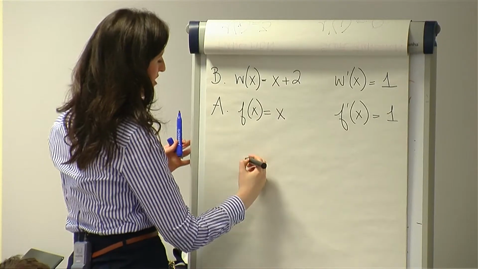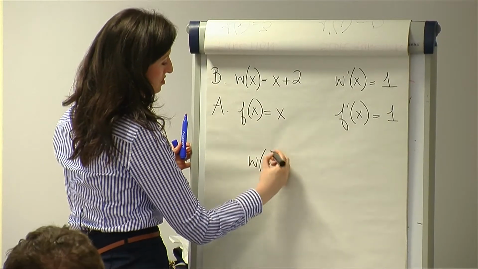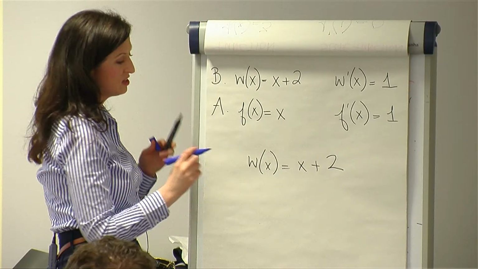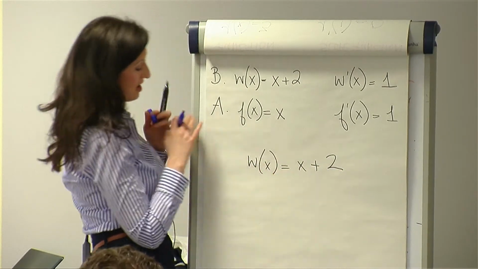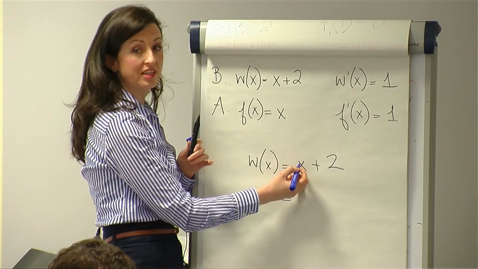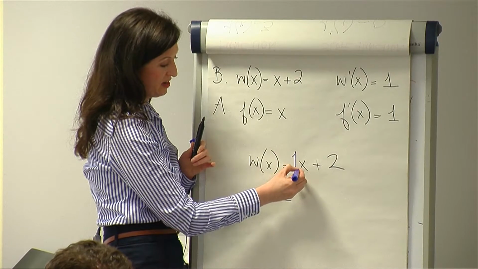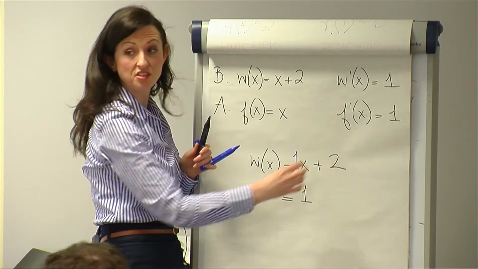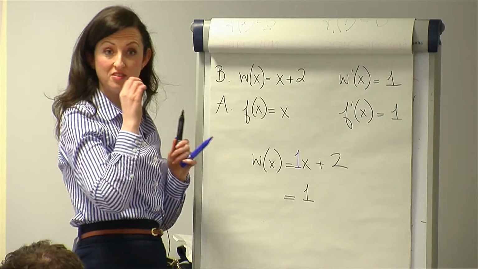Perfect. So you're looking at it from the point of view of w of x equals x plus 2. So we saw that the answer will be whatever the coefficient is on the x, which is a 1 there, isn't it? So it's a 1, and you said that the constant goes to 0.